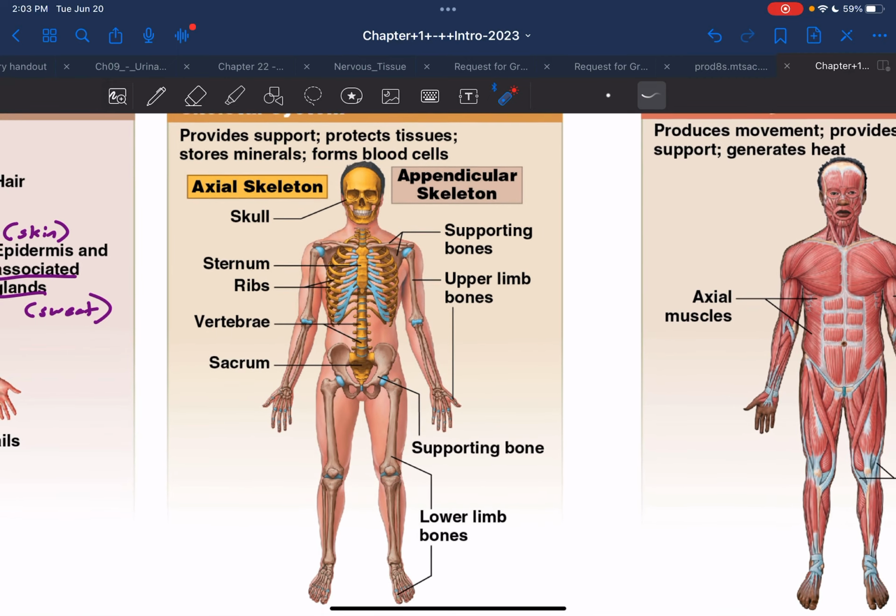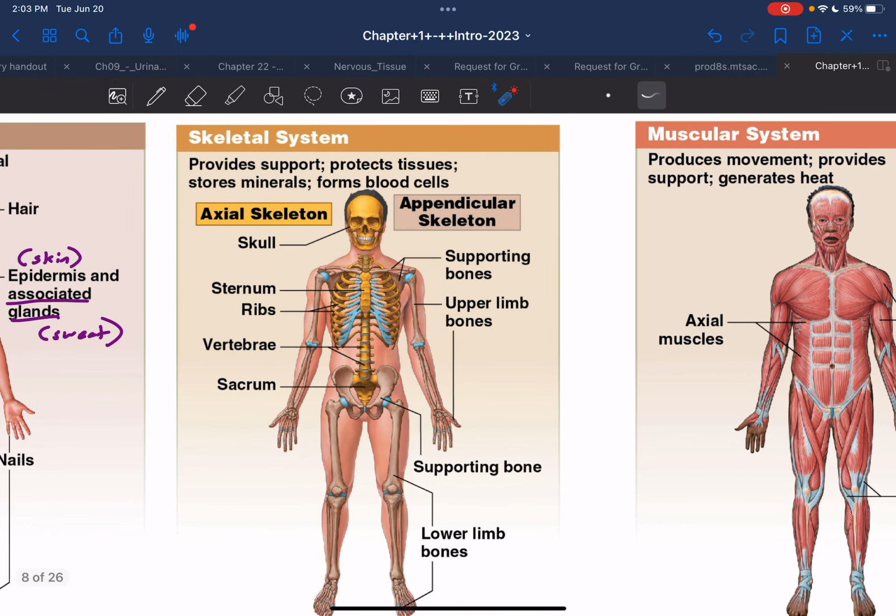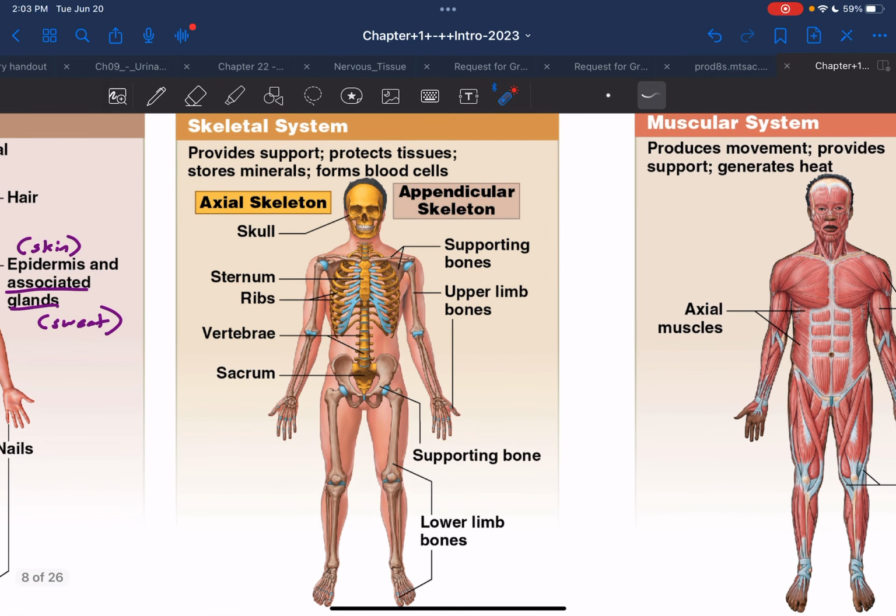Skeletal system we're all a little familiar with. Skeletal system is broken apart into two components, the axial skeleton and the appendicular skeleton. The skull here that you're seeing is in yellow along with this vertebral column, and also your rib cage, which is sometimes called your thoracic cage.